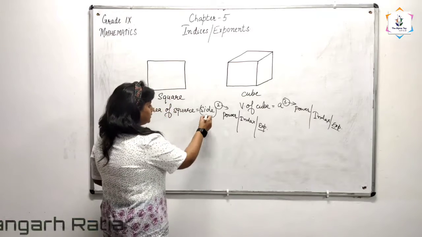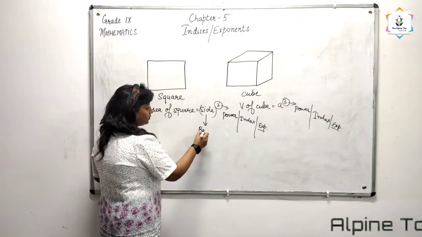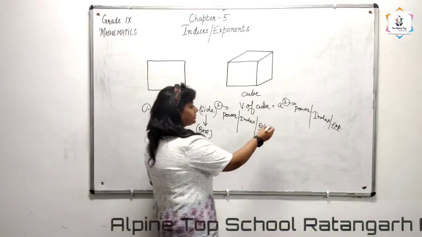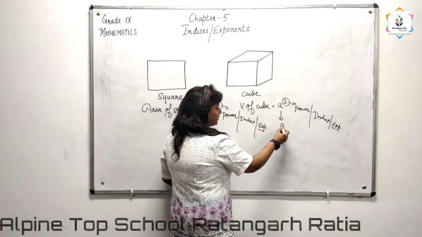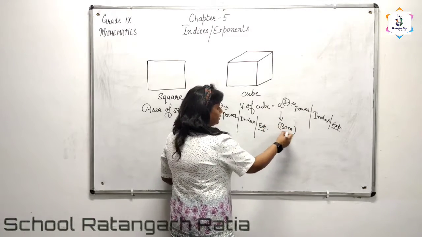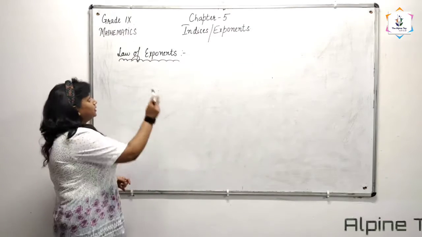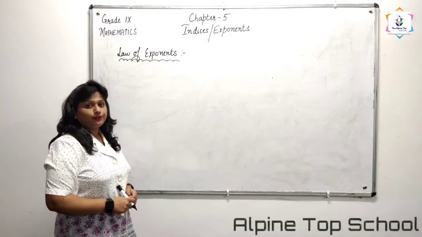Okay, and the side is your base. Side is what we call a base, and the same way a is representing your base. So now is it clear what the exponent is? Clear?